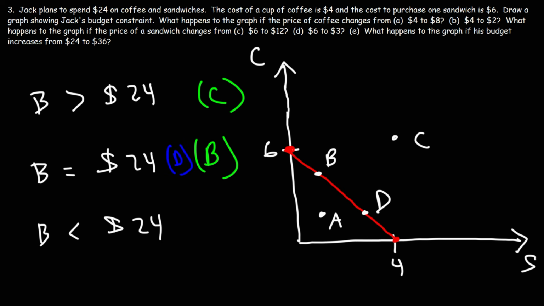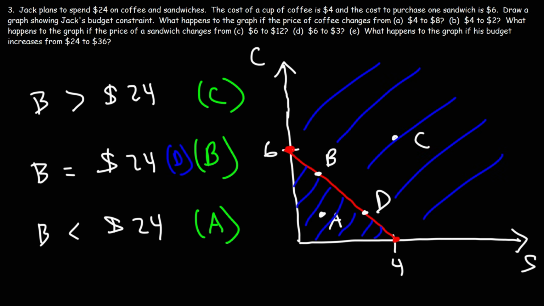Now, A is below the budget line. As we contract inward from the budget line, the budget decreases. So point A would represent a budget of less than 24. So anywhere inside this area, the budget is less than 24. Anywhere outside of this area, the budget is greater than 24.